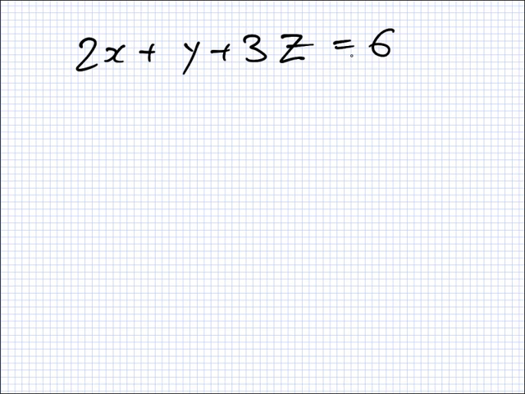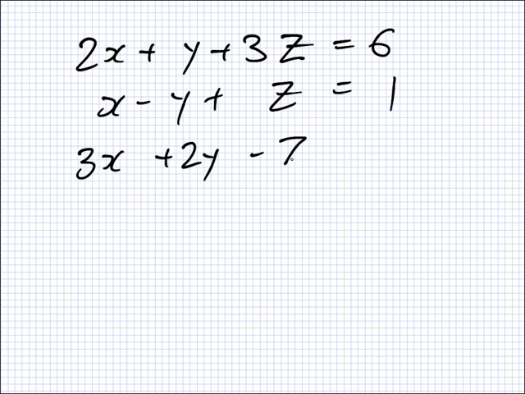Right, so here is the real benefit of Gaussian when you have 3 variables. So let's say we have something like 2x plus y plus 3z equals 6. Let's say x minus y plus z equals 1. And let's say 3x plus 2y minus z equals 4.